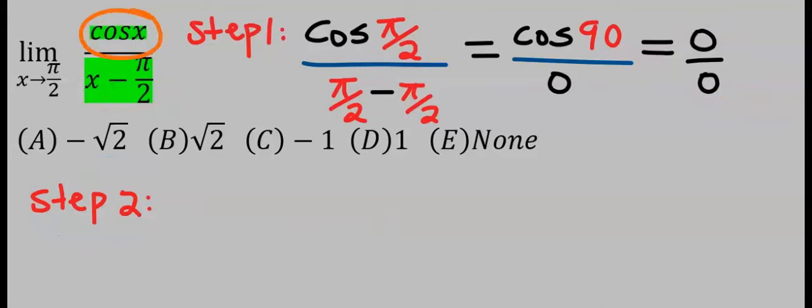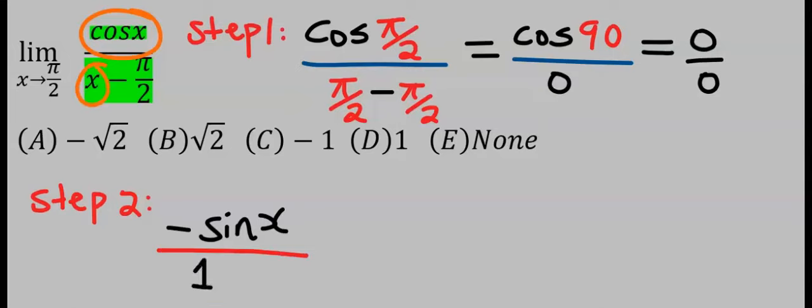Differentiate cos x, and we're going to get minus sine x. Next, we're going to differentiate x, and we're going to get 1. Next, we're going to differentiate pi over 2, and we're going to get 0.